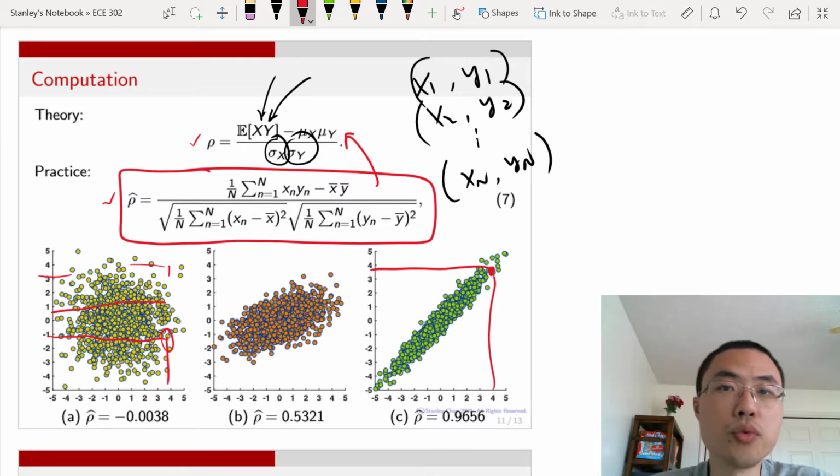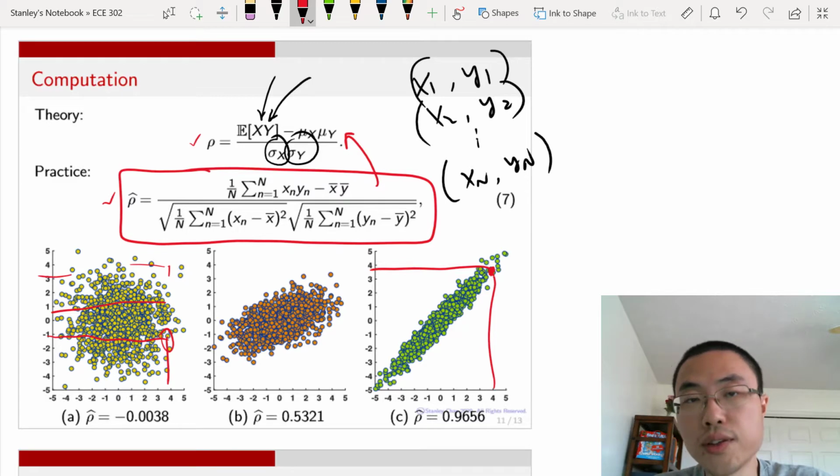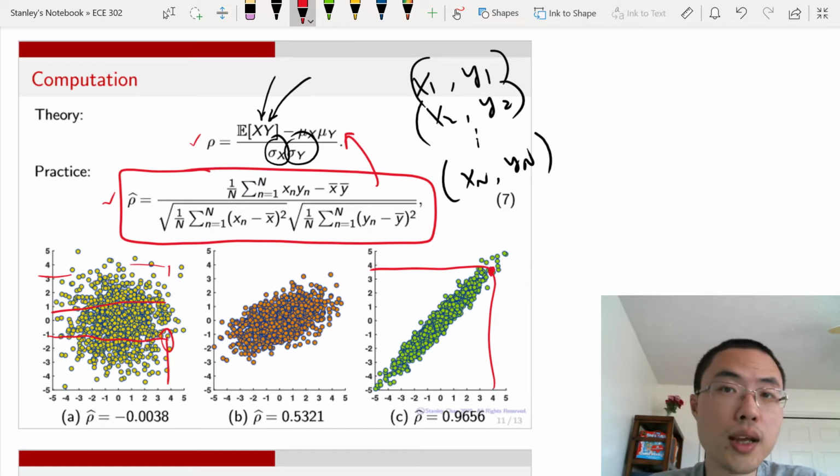When you're running a regression analysis, you may have two sets of variables, one could be age, the other could be some other variable. You want to see if there is any correlation, so you plot all the data points and calculate the correlation. You can see whether there is indeed a trend or no trend. That can help you do some very meaningful data analysis.